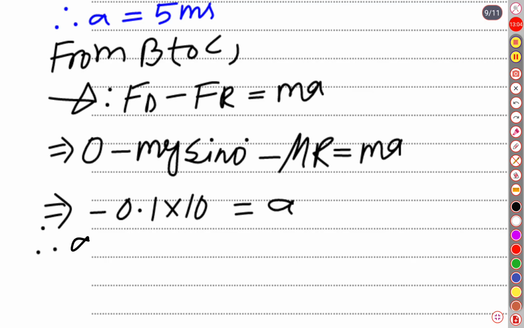Hence our acceleration, if we multiply this, is negative 1 meter per second squared.